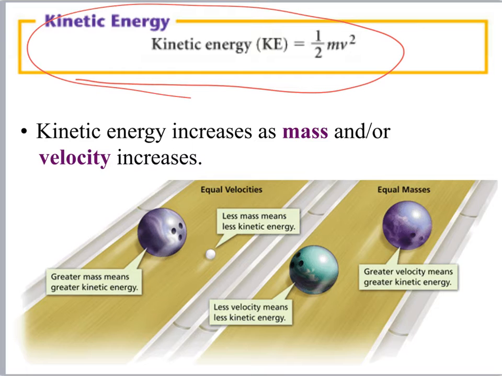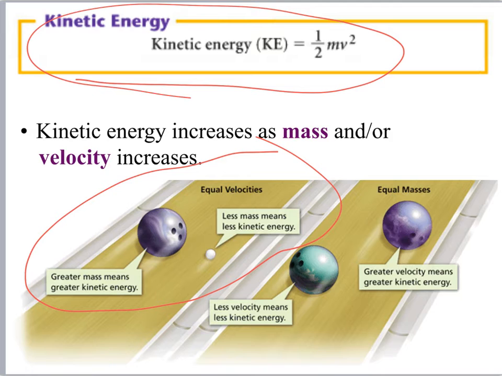Let's take a look at this example in a little more detail here. So you have two scenarios. Scenario one, you have two different mass objects, okay, and they are going the same velocity. So according to our calculation, velocity would be the same, but the masses are different because the bowling ball has a greater mass, so therefore it's going to have more kinetic energy, okay.